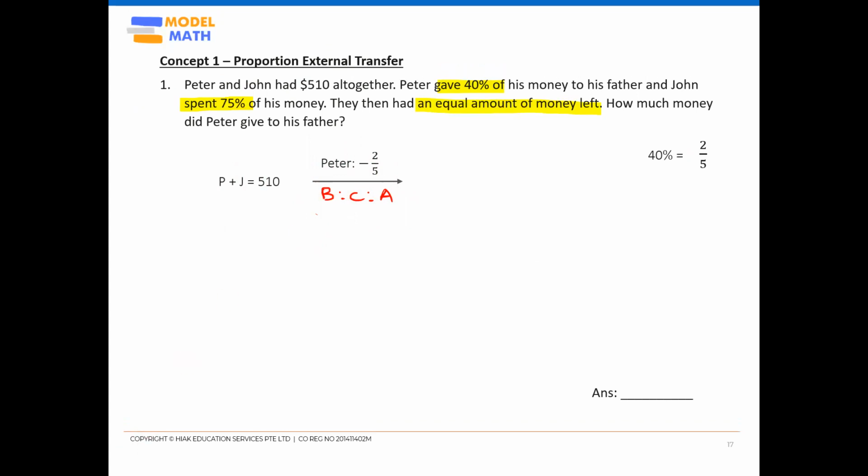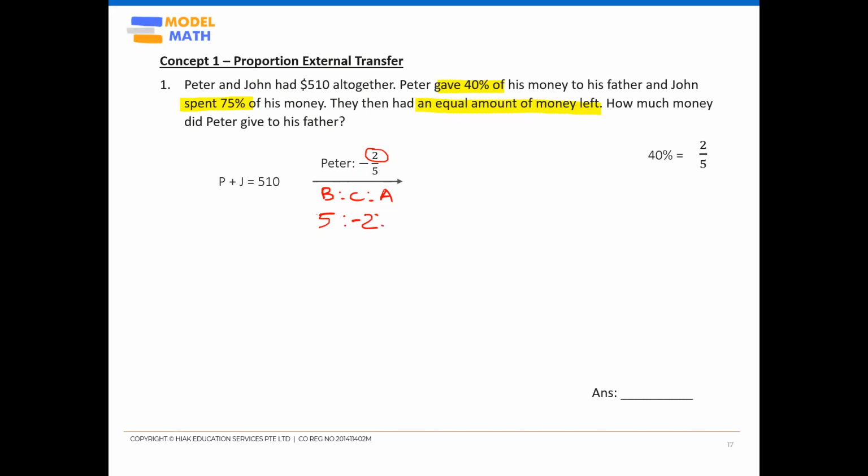Okay, so what is the B here? Now the B here means you're going to use the total of 5 units that Peter had initially. That will be what he owns before he gave away the money. So Peter owned a total of 5 units, that's the before. Now what's the change? The change, of course, will be the numerator. Out of 5 units, he gave away 2 units, so minus 2.